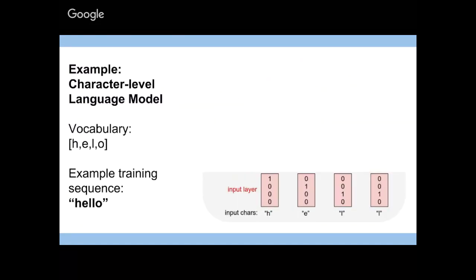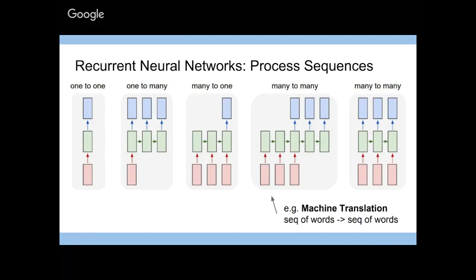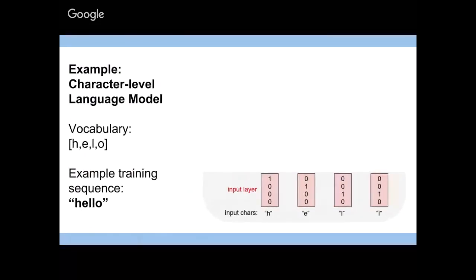One example of how an RNN works is a character-level language model, where you're given your input as a character and you want to predict the next character which follows it. If you take a small vocabulary like H, E, L, O and you want to train it to say hello, you first encode the data, here in one-hot encoding.